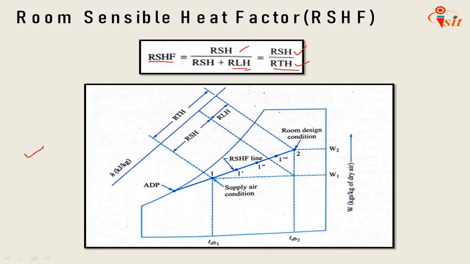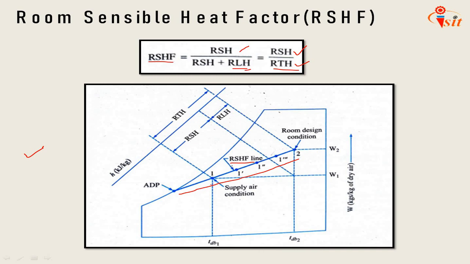These are the points 1, 1 dash, 1 double dash, 1 triple dash and 2. This line represents the psychrometric process of the supply air within the conditioned space, and that's why it is called the room sensible heat factor line, the RSHF line.